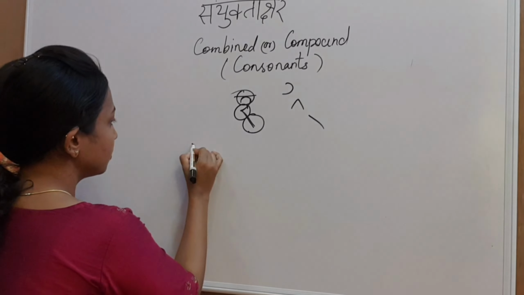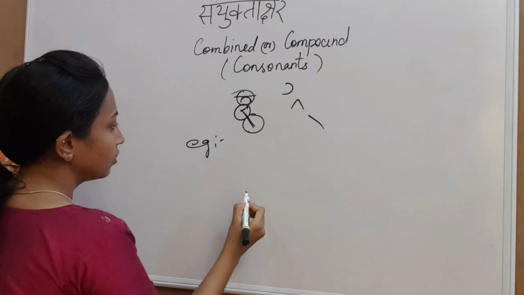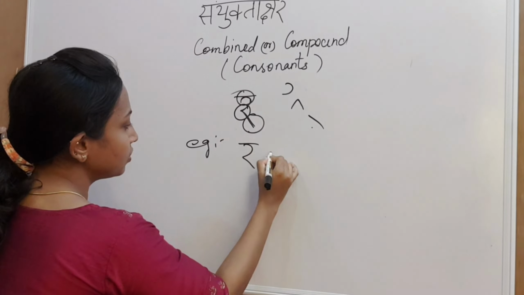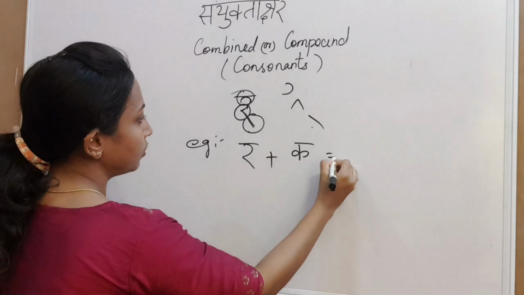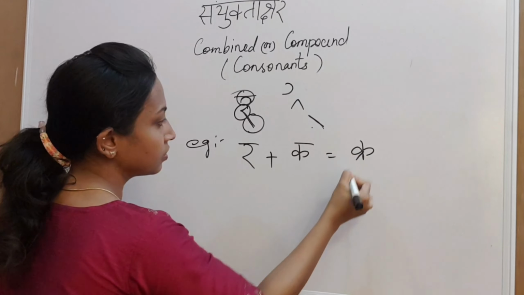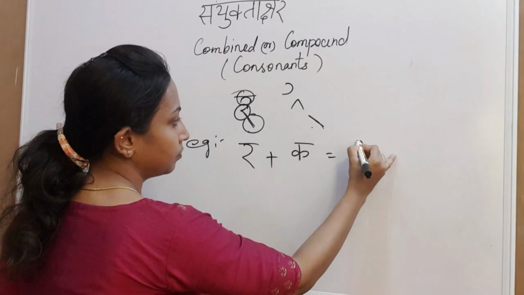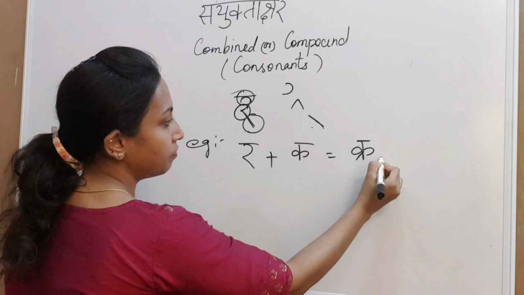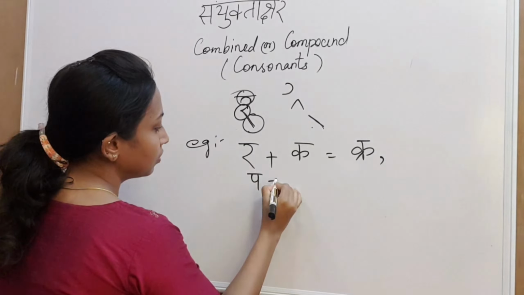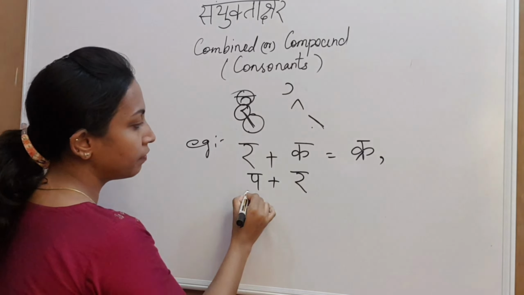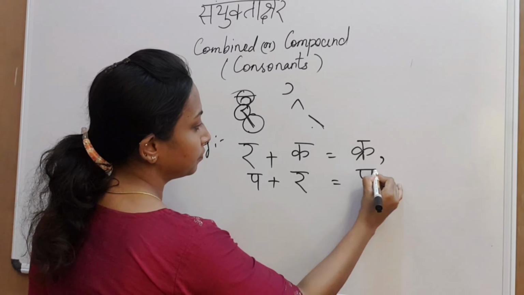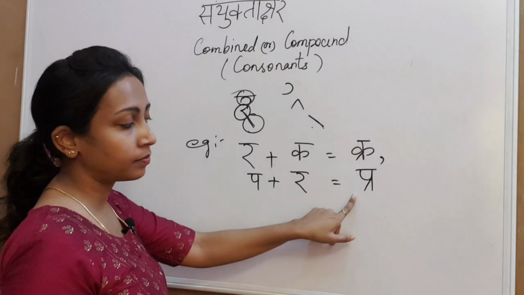For example, when you take this part and ra joins with ka, it becomes kra. This part is written like this, kra. In the same way, when pa joins with ra, you will get pra. We write it like this.